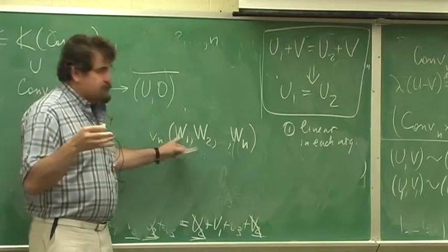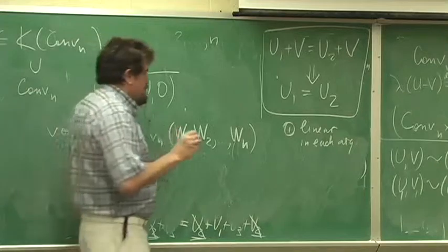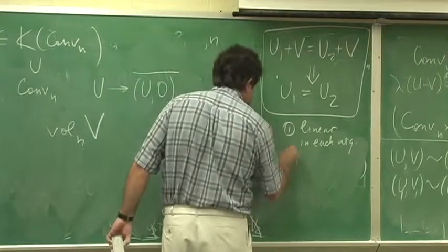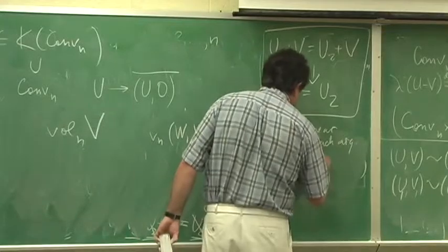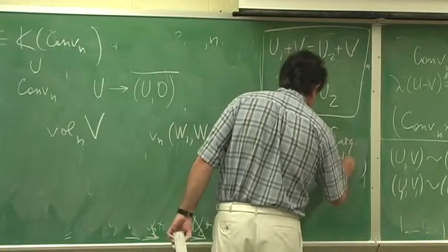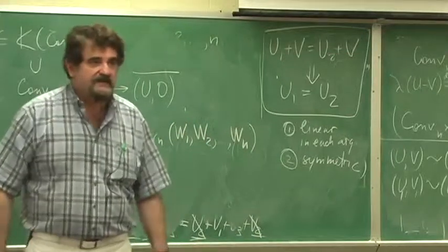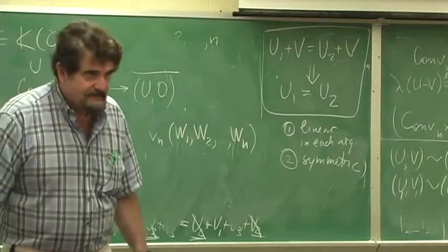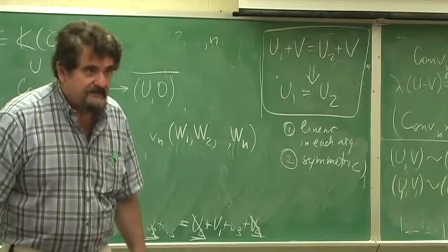And so we want it to be linear in every argument. Secondly, we want it to be symmetric. If I switch any two of them, the result does not change. Symmetric or anti-symmetric? Symmetric.